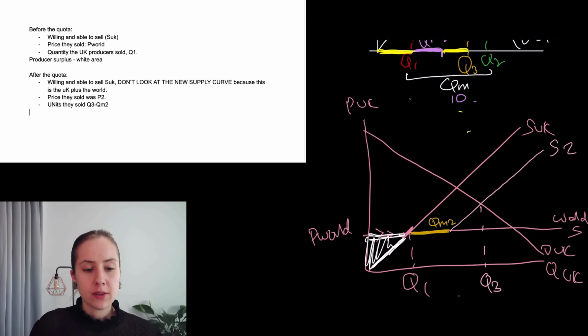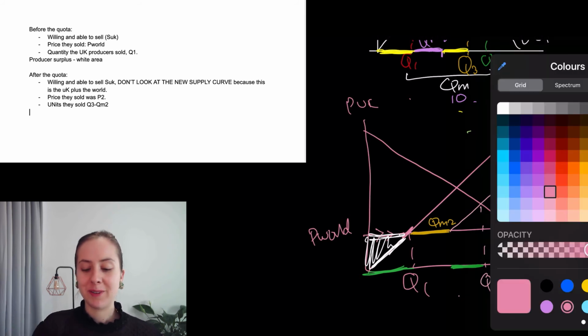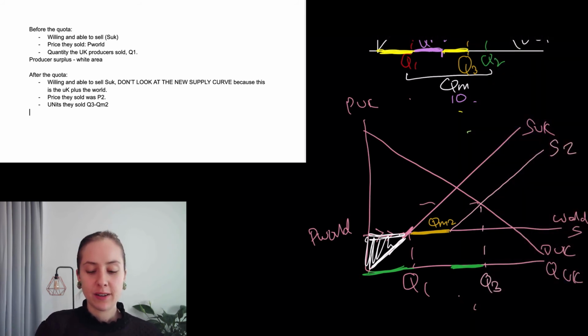So the UK now sells, put this in green, Q1, and then they also sell Q2 to Q3. And the price they are selling these for, I didn't put the price, is P2. So the UK is going to sell these units for P2.